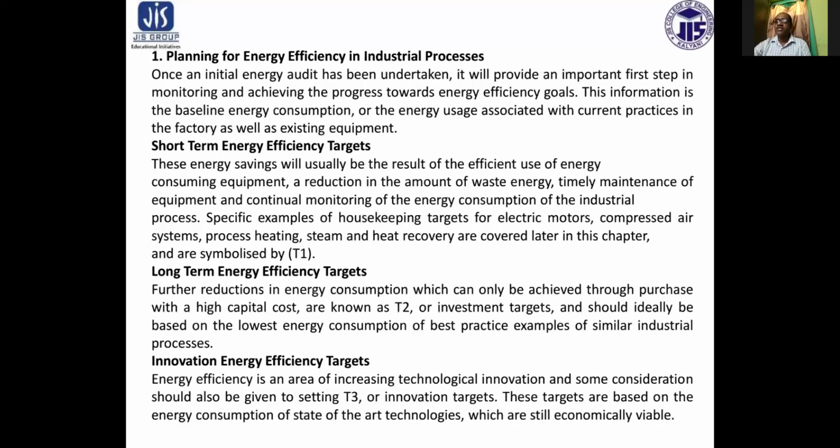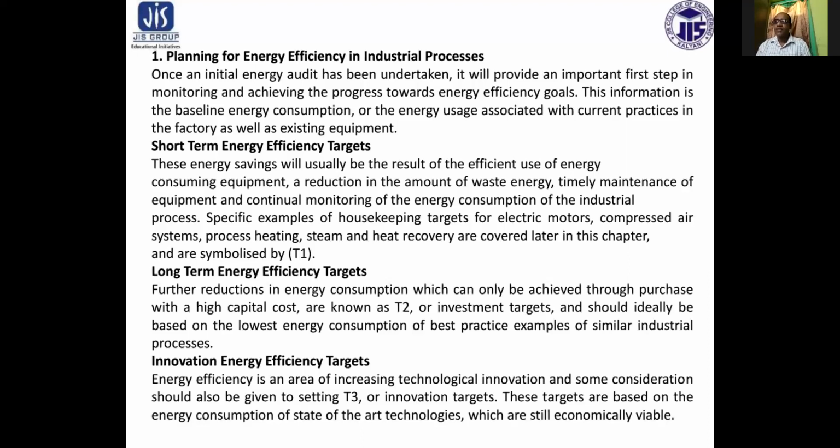In long-term energy efficiency targets, further reduction in energy consumption, which can only be achieved through purchases with a high capital cost, are known as T2 or investment targets, and should ideally be based on the lowest energy consumption of best practice examples of similar industrial processes.